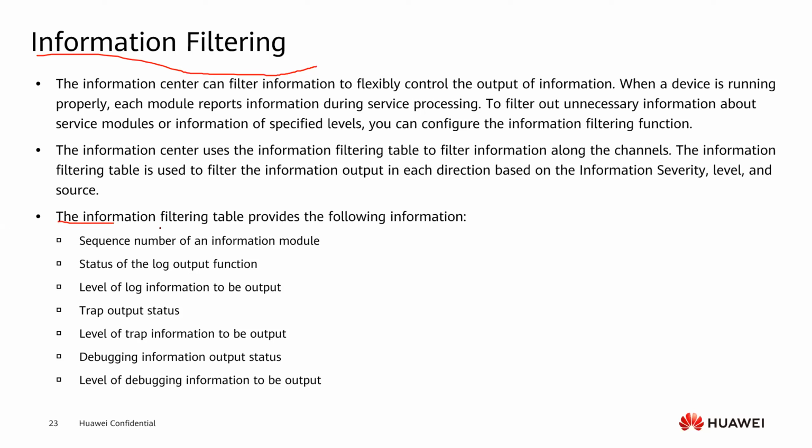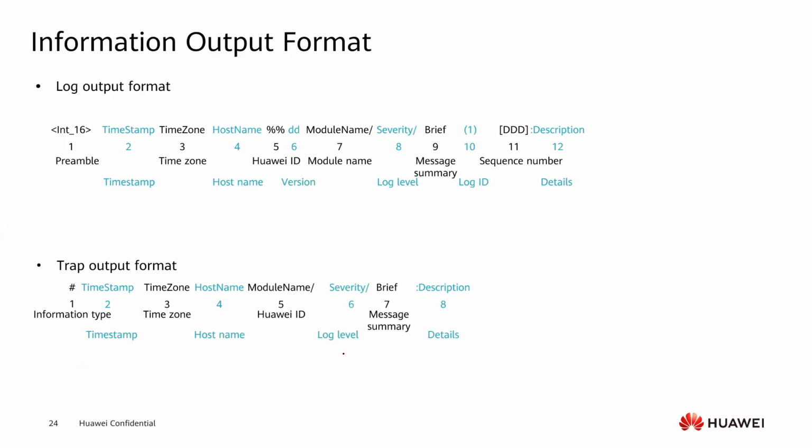The information filtering table provides the following information: based on the sequence number of an information module, the status of the log output function, the level of log information to be output, and the trap output status. We can also configure this on the device, and we'll give the command in the slide later.